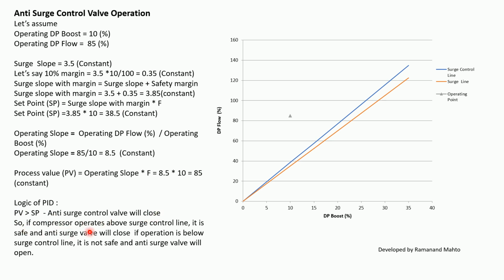So if the compressor operates above the surge control line, it is safe and the anti-surge control valve will close. If operating below the surge control line, it is not safe and the anti-surge control valve will open. So this zone is a safe zone, and if the machine is operating above this zone it is safe. The moment it operates below this, it is not safe and the anti-surge control valve will open.